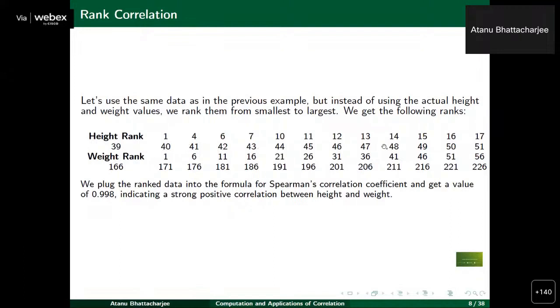So all these ranks will be ascending, in such a way that we get the ranking for that first parameter. Similarly, the weight ranking for the second parameter will be there, and thereafter we can calculate the correlation coefficient between the height and weight parameters. So by the Spearman correlation coefficient, this is the way it happens.